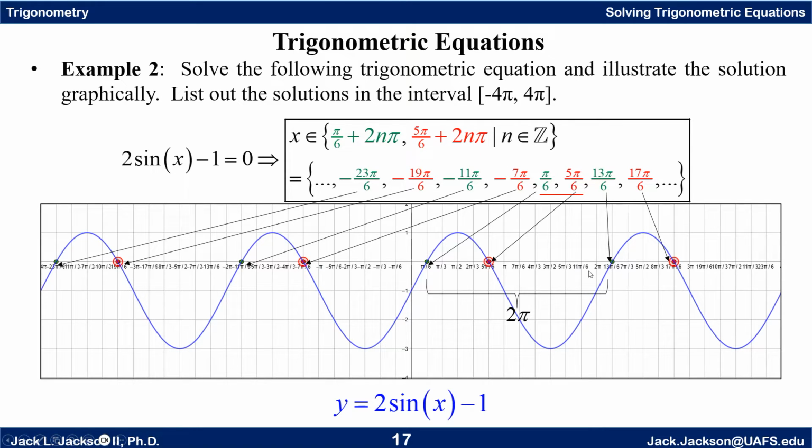That gets you over to here, the distance of 2 pi to the right. If we let n be 1 here, again, that's 2 pi, 12 pi over 6, plus 5 pi over 6 is 17 pi over 6. That's going from here to here. You can see that matches up with the scale here. That's 2 pi from here to here. Similarly, we could let n equal negative 1. We get these, and we get these two with n equals negative 2.